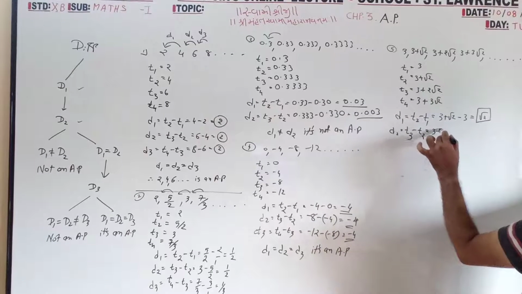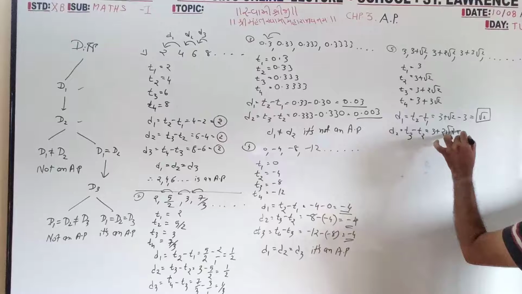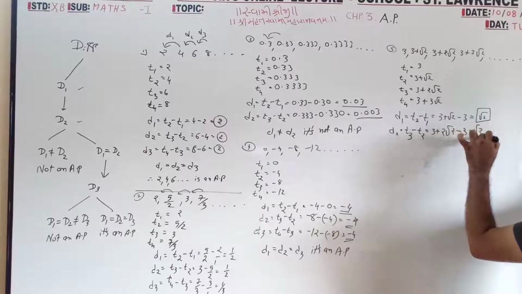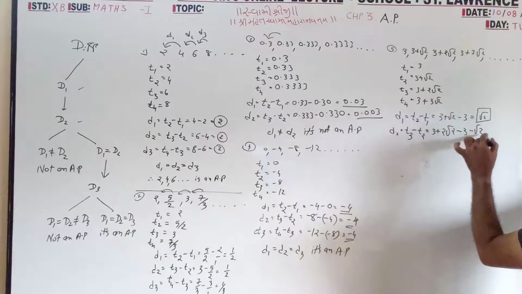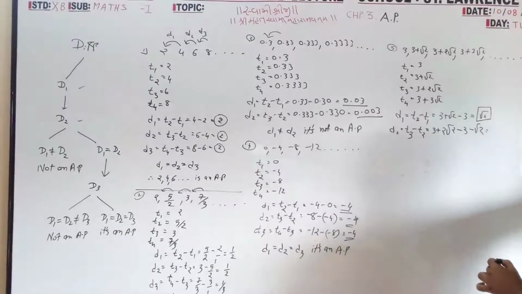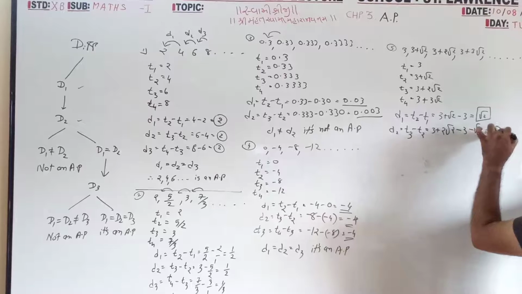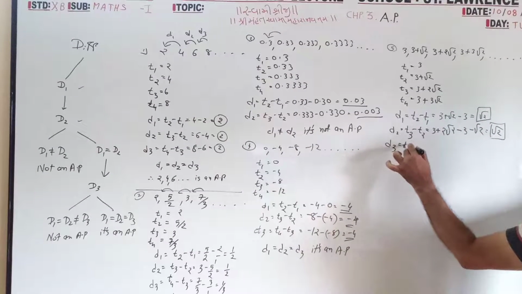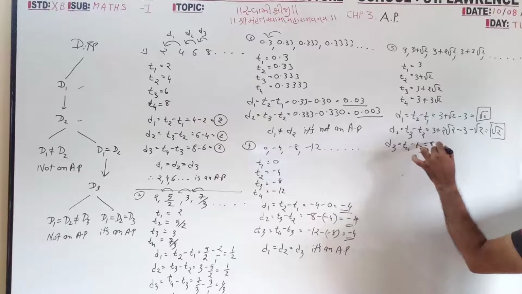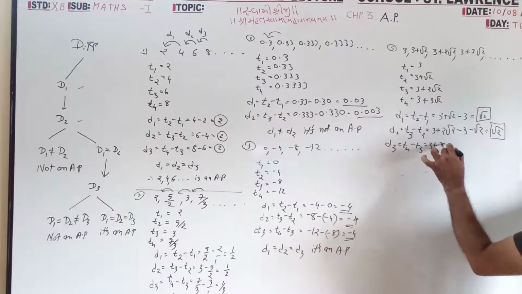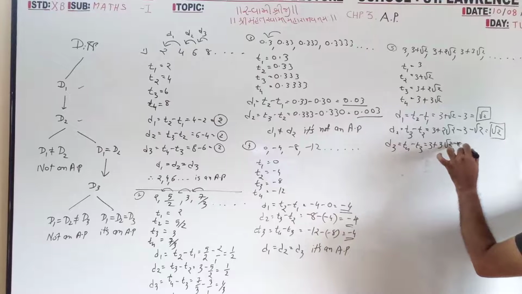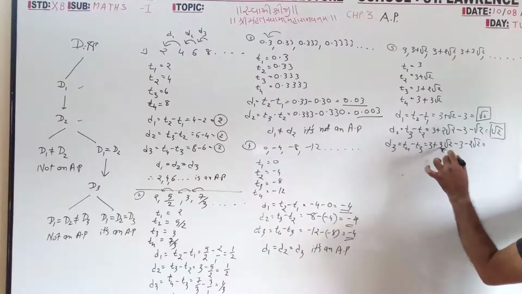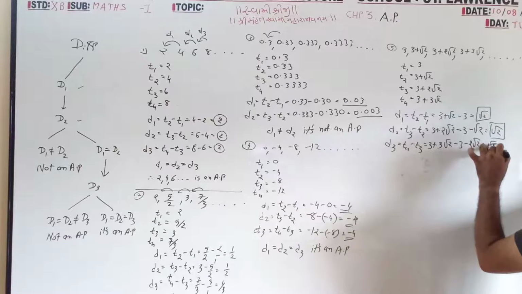T3, 3 plus 2 root 2, minus the upper one, minus 3 minus root 2. 3 cancels. 2 root 2 minus root 2, like 2x minus x is equal to x, so root 2. Difference 3, T4 minus T3, that is 3 plus 3 root 2 minus 3 minus 2 root 2. 3 minus 3 is 0. 3 root 2 minus 2 root 2 is root 2.